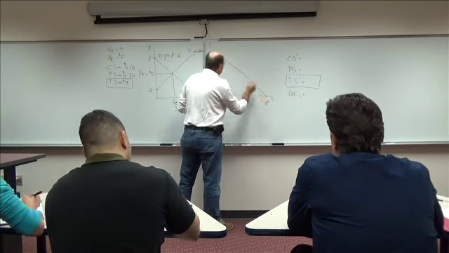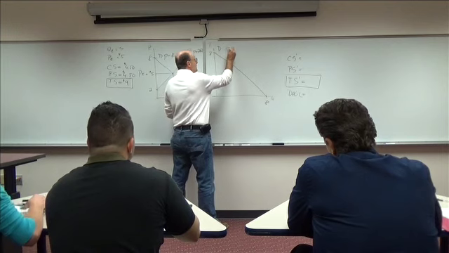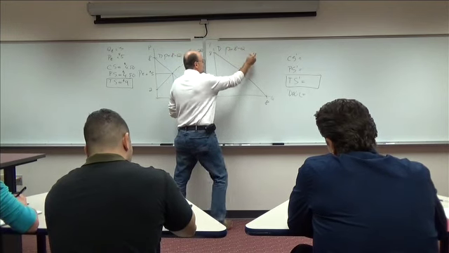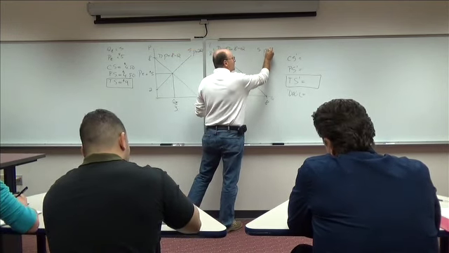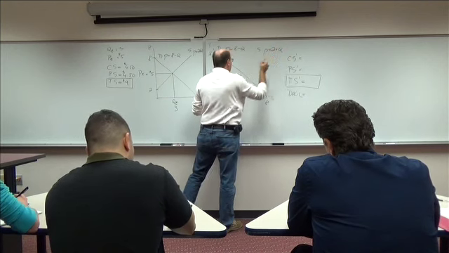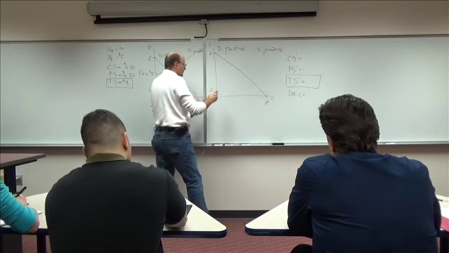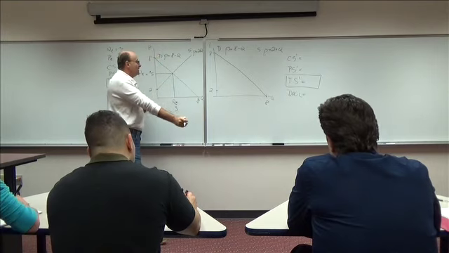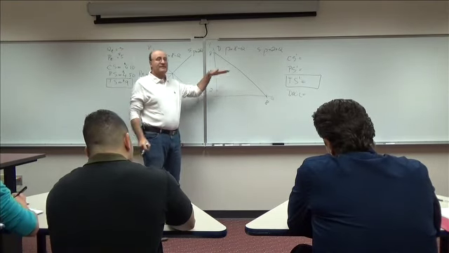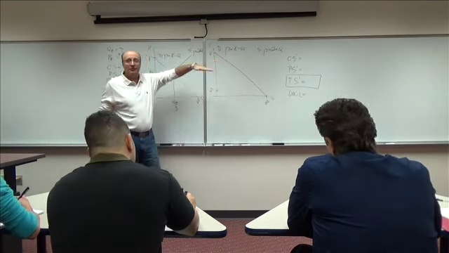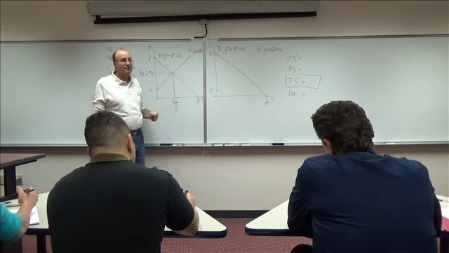Demand: P equals 8 minus Q. Supply: P equals 2 plus Q. Now, we're going to impose price floor in order to lift the price to help producers.